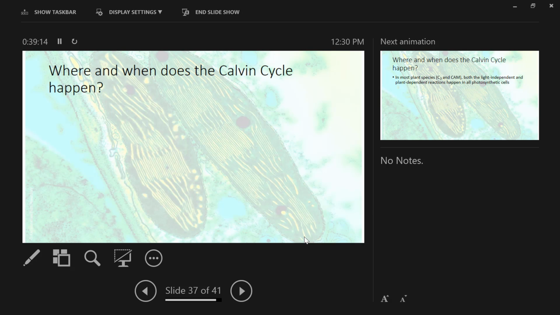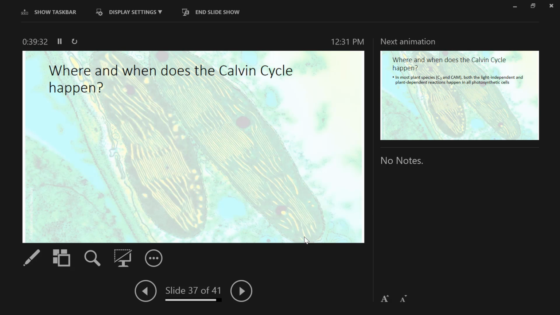All right. So the last question we're going to deal with is where and when does the Calvin cycle have to happen? So the Calvin cycle, sometimes called the C3 cycle, happens in all plants. The question is, does a plant need to have an additional cycle to trap carbon?